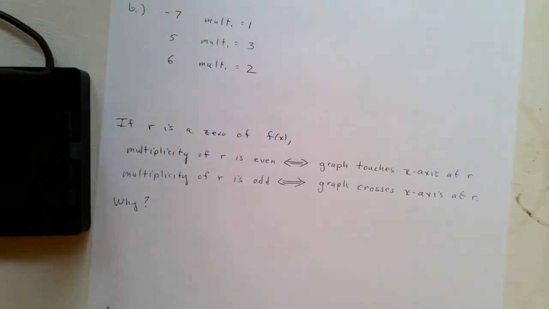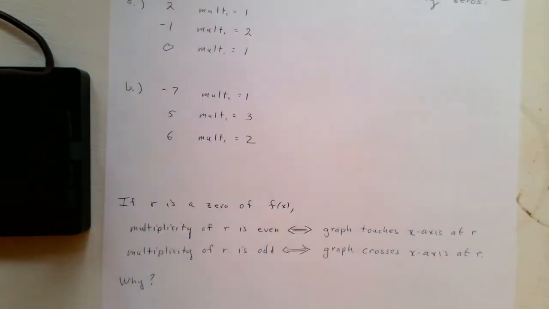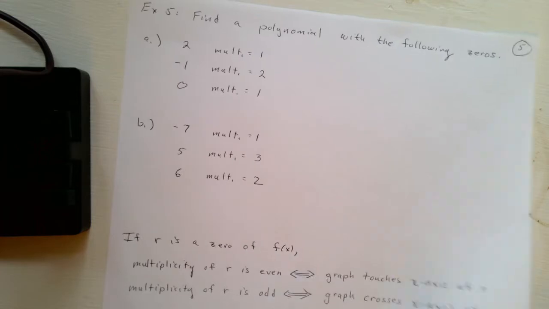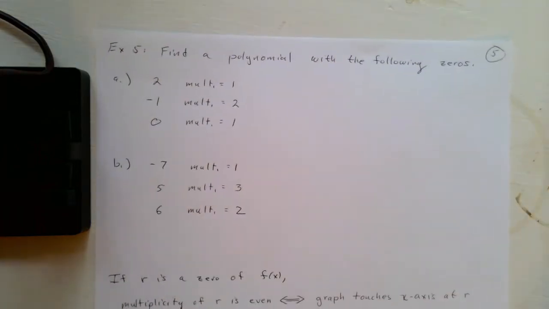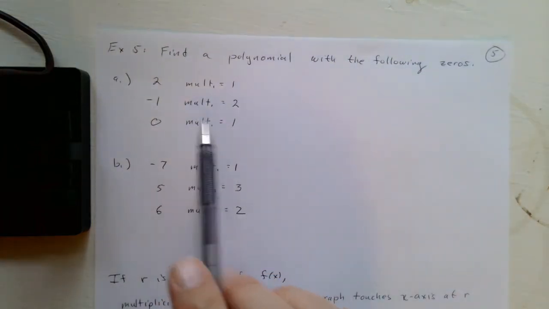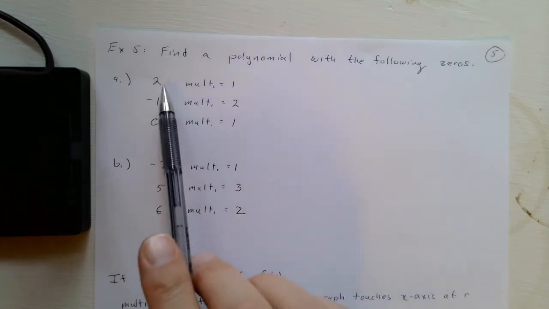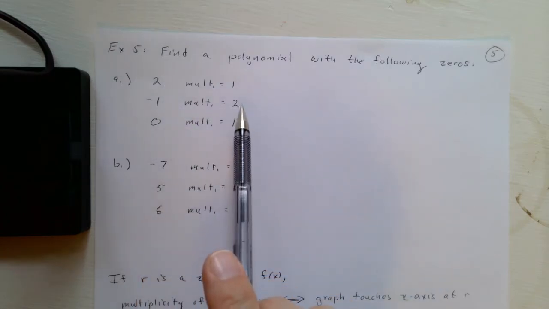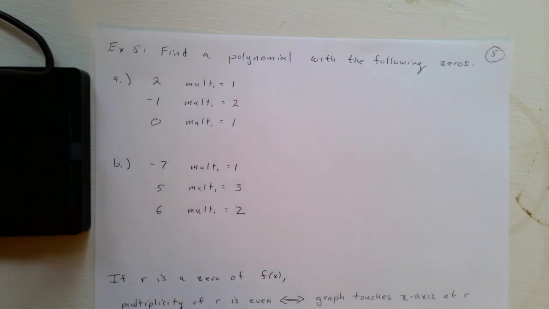All right. Now, if we go in the other direction, suppose I ask you to find a polynomial with the following zeros. And let's say in part A, we want you to find a polynomial where the zeros are 2, negative 1, and 0, with multiplicities 1, 2, and 1.